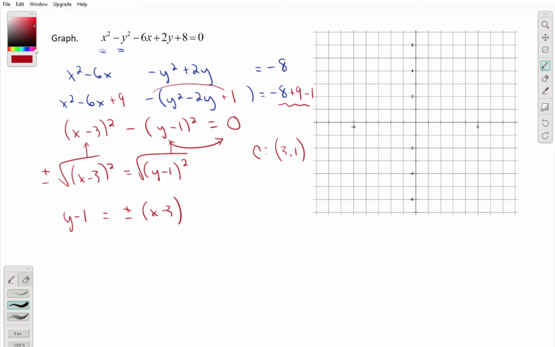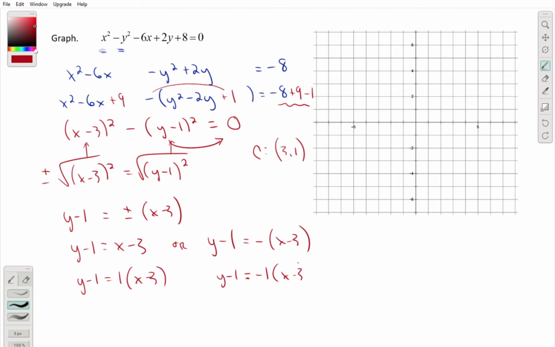Well, this is two different equations. This is y minus 1 equals positive x minus 3, or y minus 1 equals negative x minus 3. Normally I would solve these for y and put them in y equals mx plus b form, but if you look at them this way, y minus 1 equals 1 times x minus 3, or y minus 1 equals -1 times x minus 3.